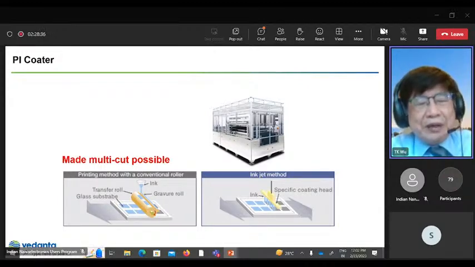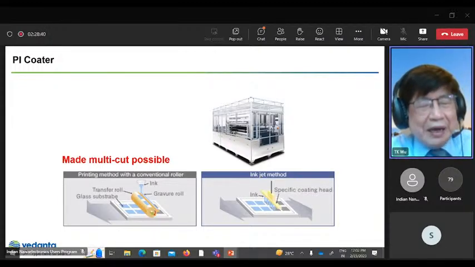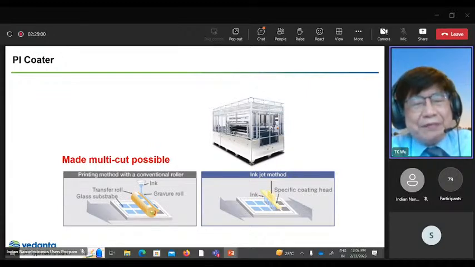We can save a lot of manufacturing cost. It looks like a simple one, actually, but such technology is not so easy, because keep in mind that the polyimide layer is just 500 angstrom by printing technology. So the APR plate is well designed, and the roller is very, very sophisticated too.